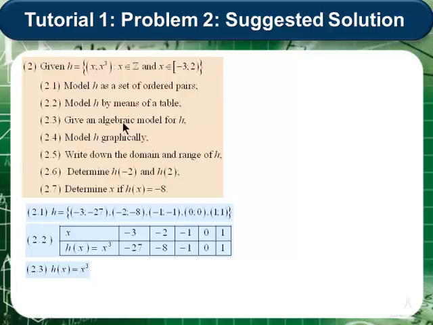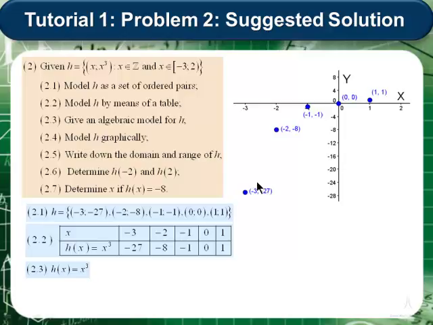Next, we had to show a graphical model, or model it graphically. So this is really just a case of plotting the 5 points in the Cartesian plane. Note, this is a discrete model. Now, discrete means it's only certain points in the Cartesian plane.